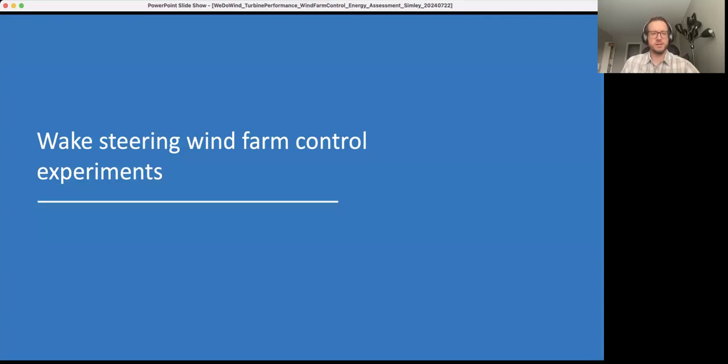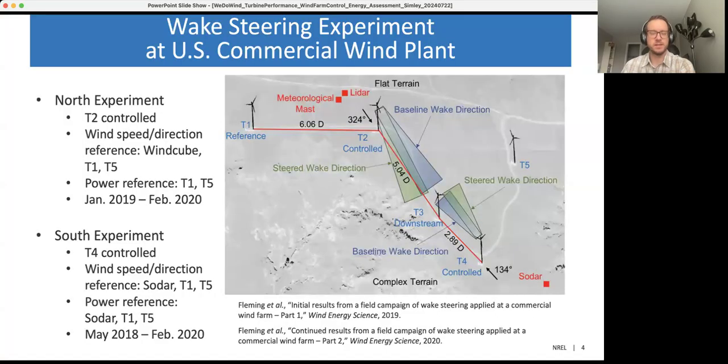I'll talk about a few wake steering wind farm control experiments. I wanted to talk about wind farm control and wake steering in general a little before discussing the methods for assessing the energy impact. I'm showing one of the first wake steering experiments I was involved in at NREL, and maybe the second field experiment at a commercial wind farm that NREL participated in.